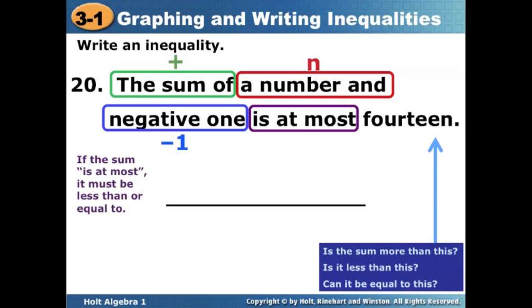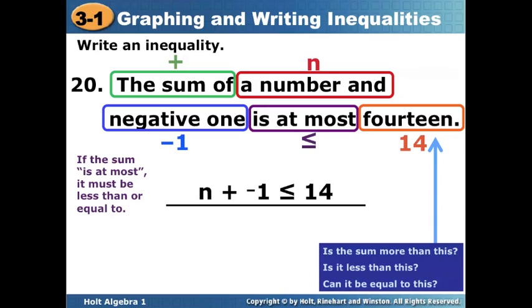The sum of a number is at most 14. It must be less than or equal to. Of course, 14, you'll use the numerical value 14. So n plus negative 1 is less than or equal to 14. This shows that the sum of a number and negative 1 is at most, is less than or equal to here, is at most 14.